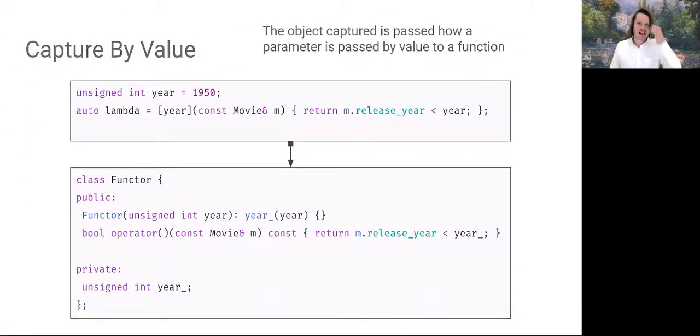Now let's go ahead and take a look at what happens when we have this capture by value. In this case, the object captured is passed the way a parameter is passed by value to a function. So here's the setup. This is what you write. Within the scope where we're introducing this variable named lambda, we've also introduced a variable named year, which is storing the year 1950. Now notice that lambda is going to be bound to a lambda expression.